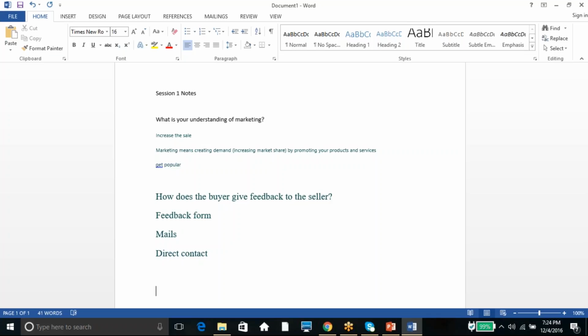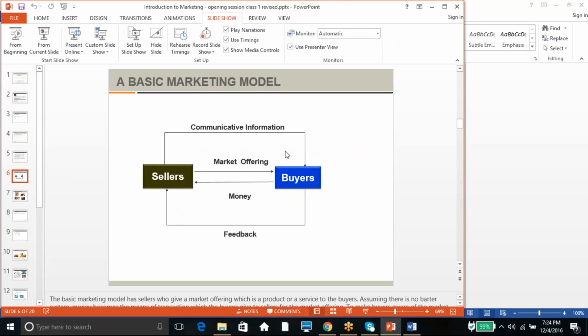Very few. So if that percentage is hardly a couple of percentage points, should we say that this loop, which is the basic marketing model, does not get completed?